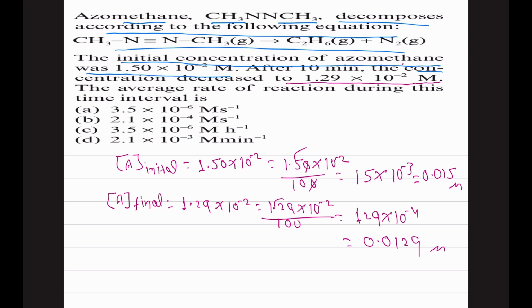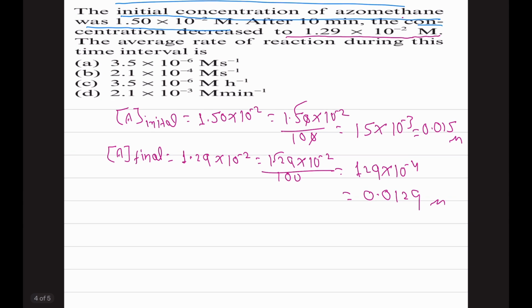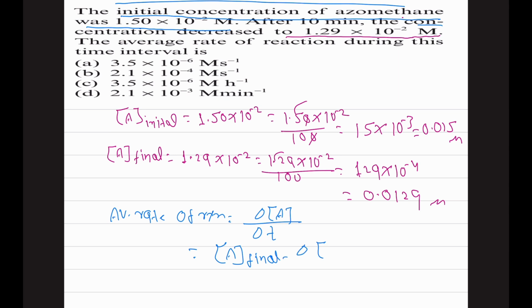And the average rate of reaction we can write as change in concentration of A upon change in time. So I can write final minus initial by change in time.